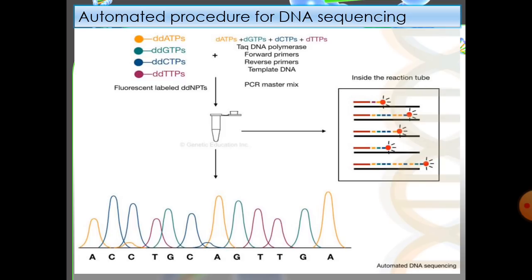The 4 fluorescent labeled ddNTPs and the PCR master mix are both mixed in a single tube. In this semi-automated DNA sequencing, a fluorescent labeled set of primers is used, instead of ddNTPs.